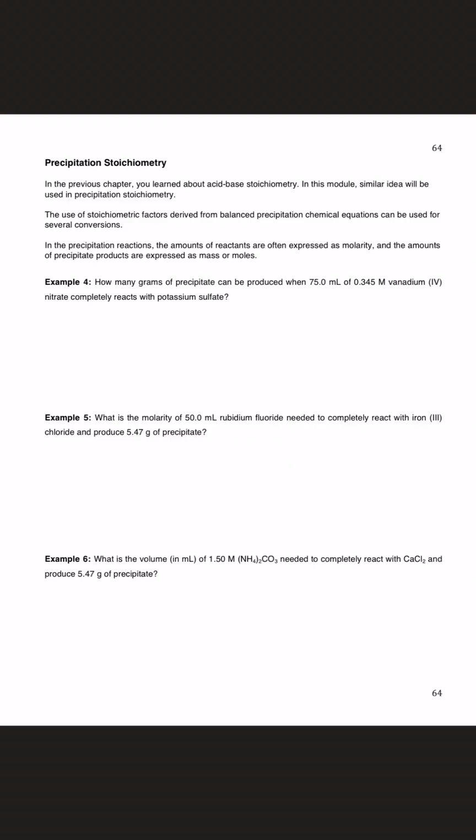Here are the examples. Example 4 is an example of using volume of A and molarity of A to convert to mole of A, and then using the mole-to-mole ratio to convert to mole of another species B, and eventually using the molar mass to convert to grams.